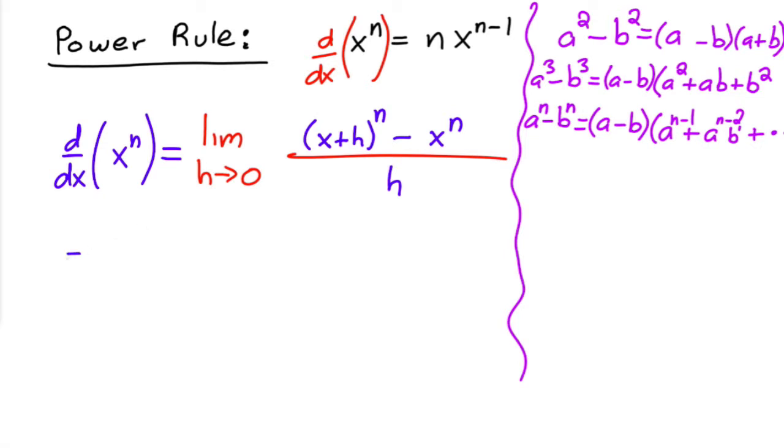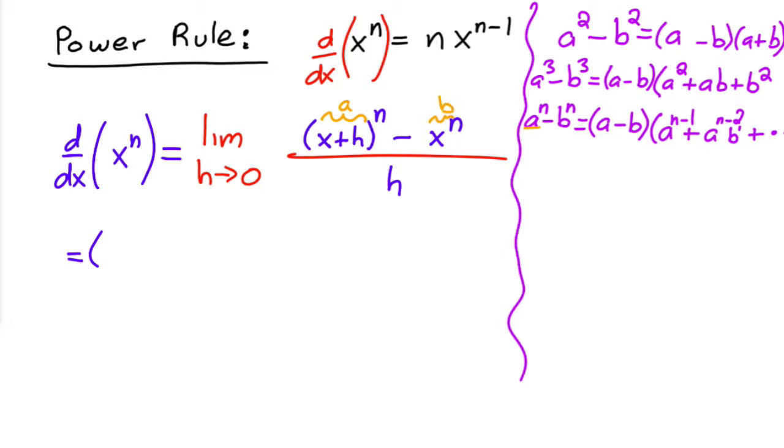Okay, so if you apply this identity back over here, what you would get is that this is equal to, and here you have to imagine that x plus h is your a and x is your b.